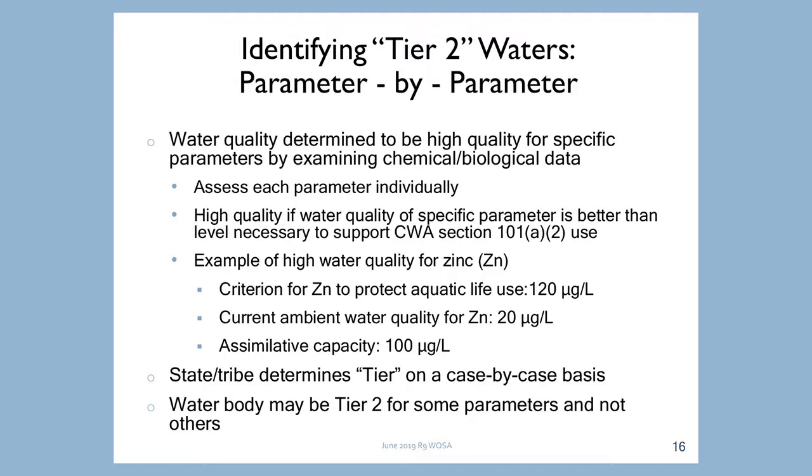Voila, that water is a high quality water, a tier 2 water for that parameter. This is just an example. We don't need to go over it again, but the idea is if the criterion to protect aquatic life is 120 and the ambient is 20, you've got 100 micrograms per liter of summative capacity. On a parameter by parameter basis, you decide that that water is a tier 2 on a case by case basis. It might be tier 2 for some parameters and not for others. It's a very objective sort of evaluation.